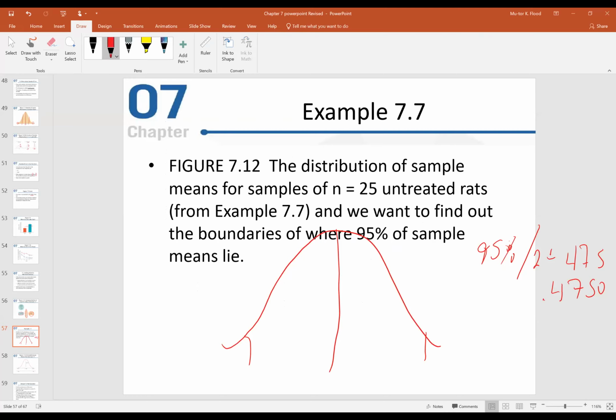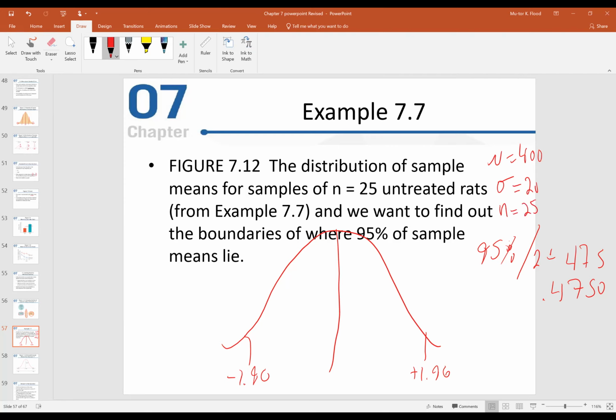On this side, below the mean, is a z-score of negative 1.96, and this is a z-score of positive 1.96. In the population, the population mean was 400, the standard deviation was 20, and we had a sample size of 25.